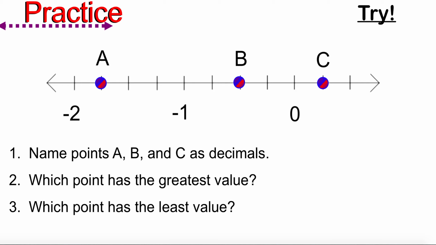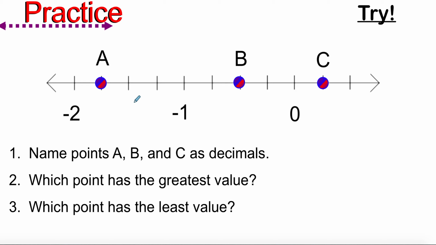But to help you guys, I'm going to give you the answers. A is equal to negative 1.75. As you see here, this point lies between negative 1 and negative 2.